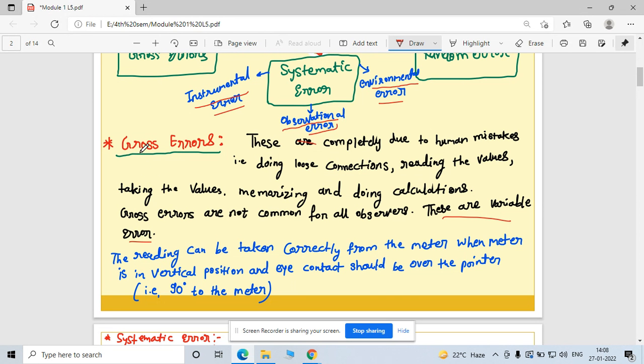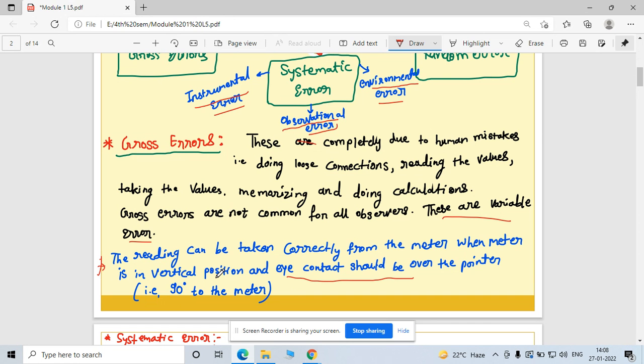So to avoid this gross error, what precaution do we need to take? The reading can be taken correctly from the meter when the meter is in a vertical position and your eye is directly over the pointer.